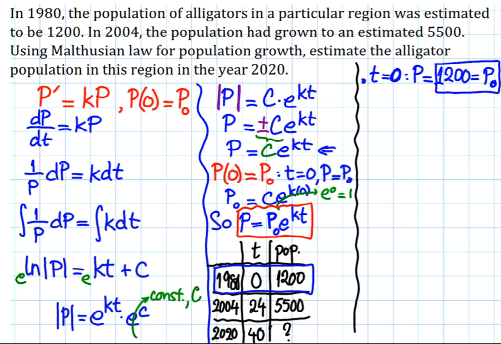The second information, let's do that in purple, is going to be this information. When t equal to 24, population equal to 5,500.